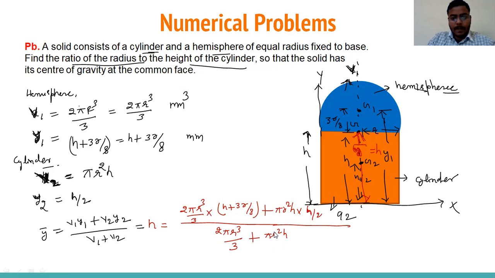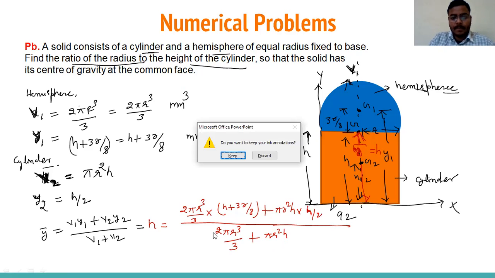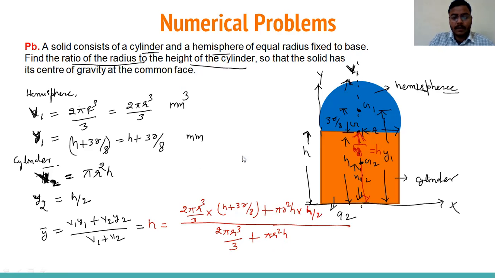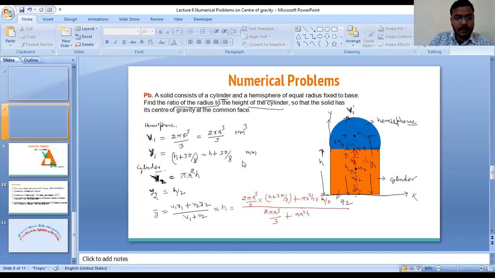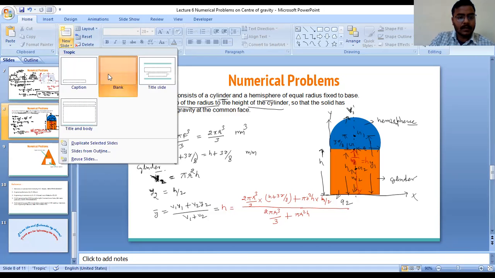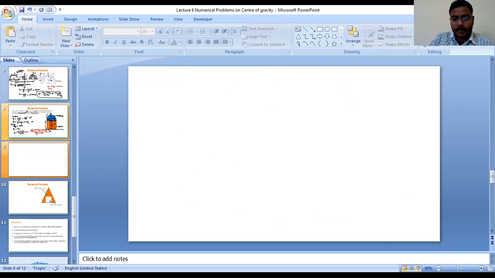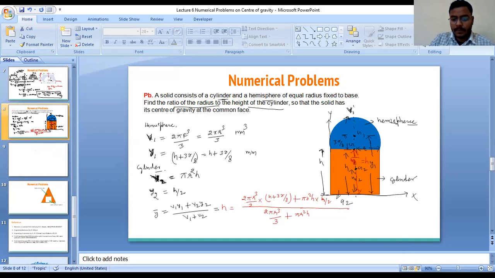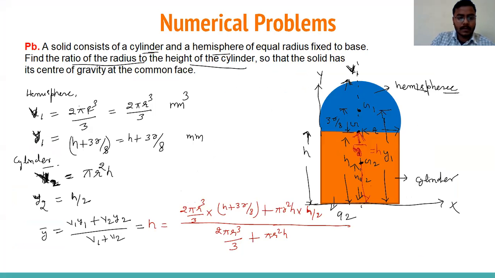Okay, wait, I need another figure. Okay. So now we can multiply, and then we can get here.